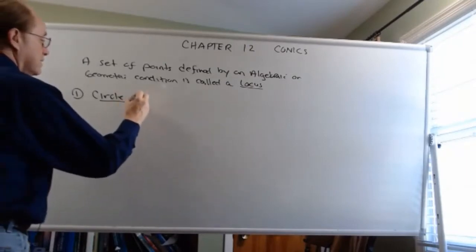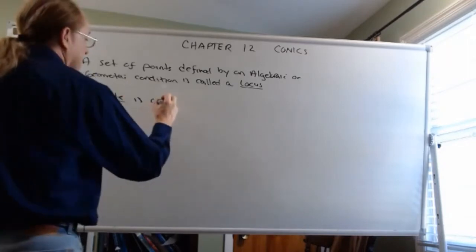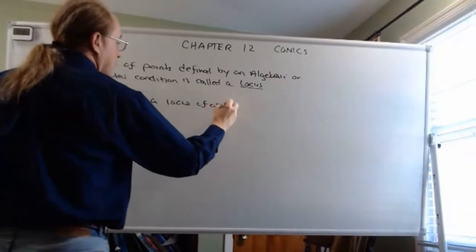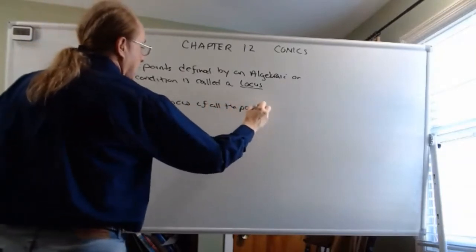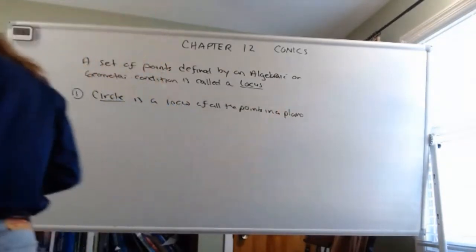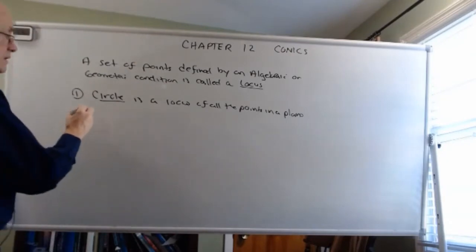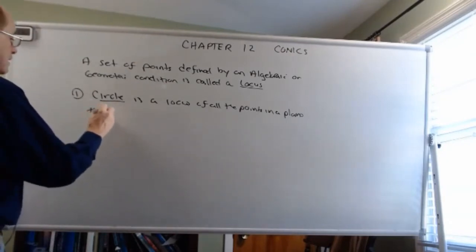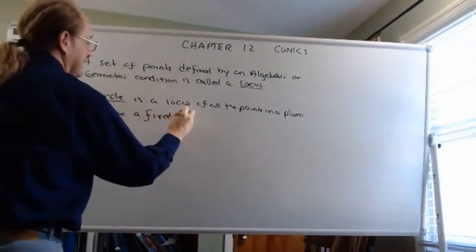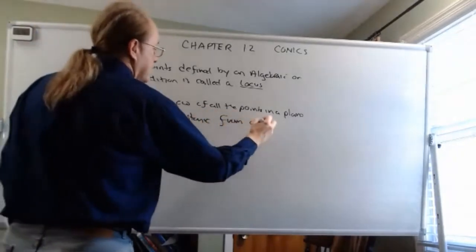A circle is a locus of all the points in a plane that are a fixed distance from a given point.